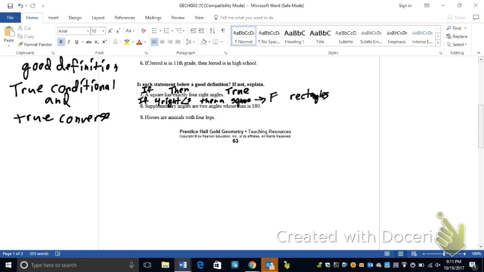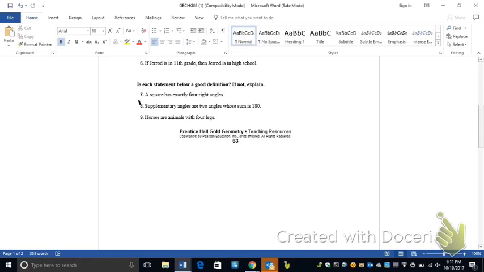So, moving on. Number 8. We're going to go, if 2 angles are supplementary, then their sum is 180 degrees. That is true 100% of the time. So this could be a good definition, so let's check it out the other way. If 2 angles have a sum of 180 degrees, then they're supplementary.